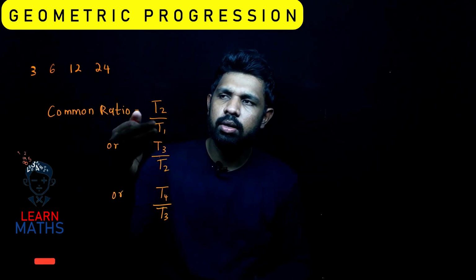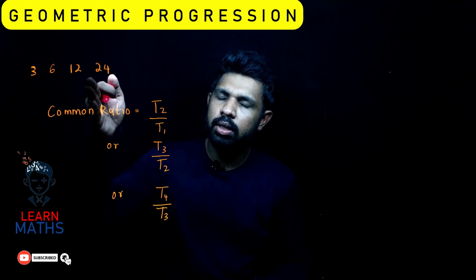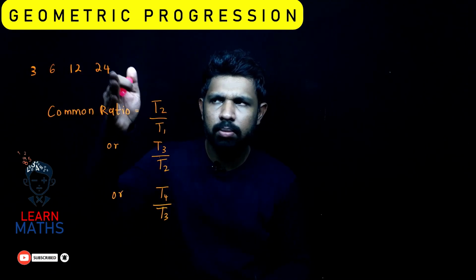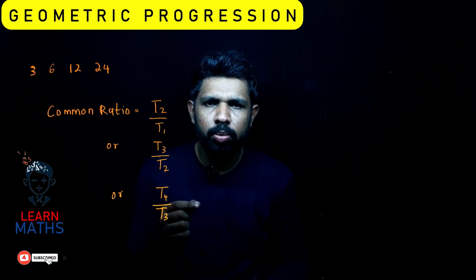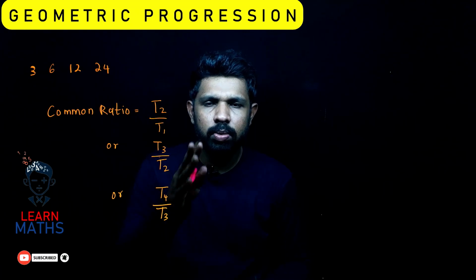So by dividing the second term by the first term, or the third term by the second term, or the fourth term by the third term, we can get the common ratio. But if it is a geometric progression, all these values must be equal.